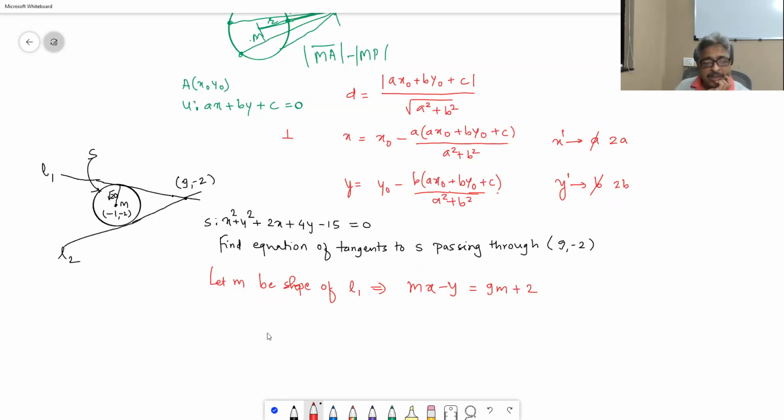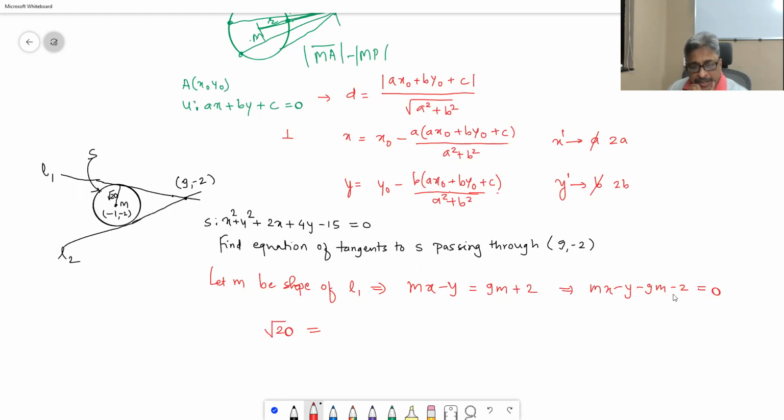So this line should be root 20 distance away from (-1, -2), so I am using this formula now. Here x naught, y naught is (-1, -2), and what is the ax plus by plus c form? Equation looks like mx minus y minus 9m minus 2 is equal to 0.